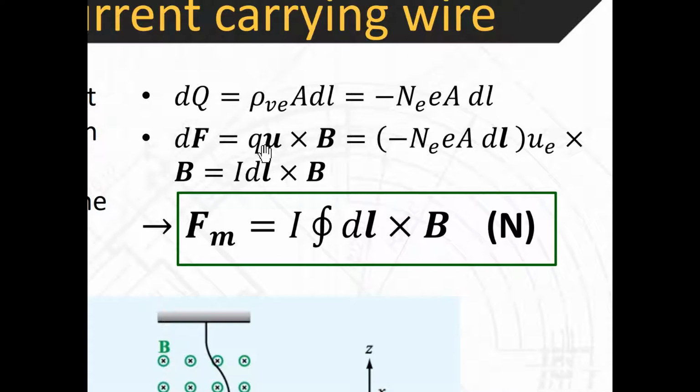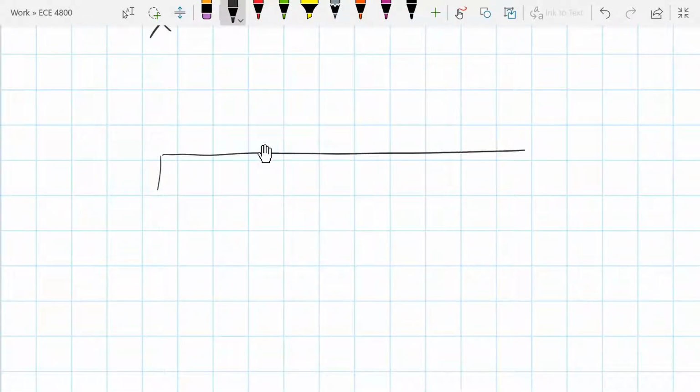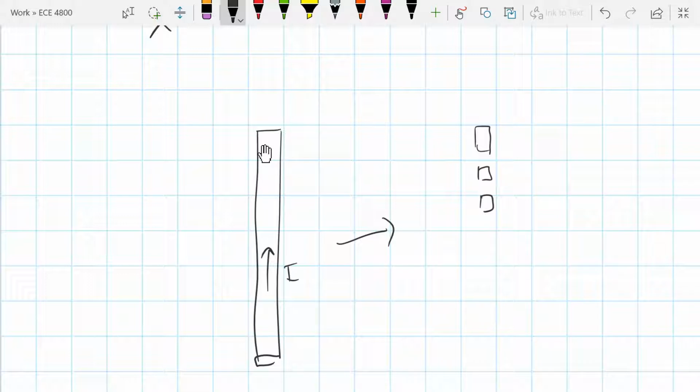So again, what we're doing here is taking this wire. I should draw it in the same orientation as the example, so we're not confused. So the wire is like this, and we have a current flowing through there. And what we're doing is breaking up the wire into small chunks like this.